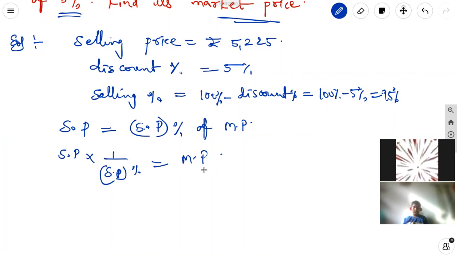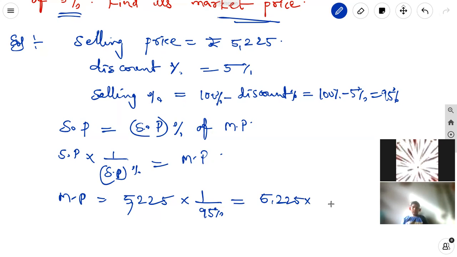We want to find out the market price. The market price equal to, what is the selling price? 5,225 is the selling price into 1 by 95%. Selling percentage is 95%. That is equal to 5,225 into 100 by 95. Why? Because 95% equal to 95 by 100, 1 by 95% equal to 100 by 95. Cross multiply.